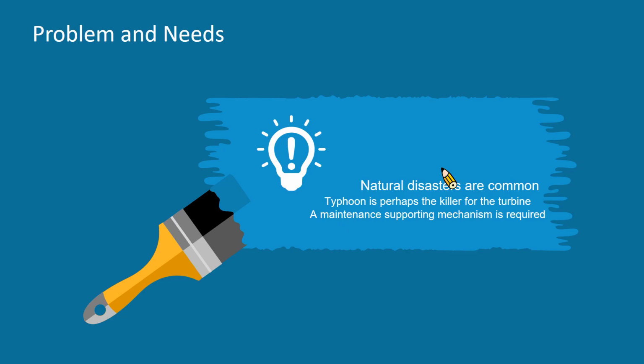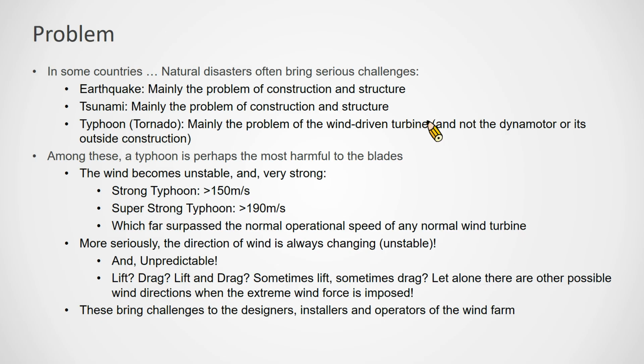For the problem and necessity of this study, we know that typhoon is perhaps the killer for the turbine. And so, a mechanism is required to support the maintenance jobs. In some countries, natural disasters often bring serious challenges.